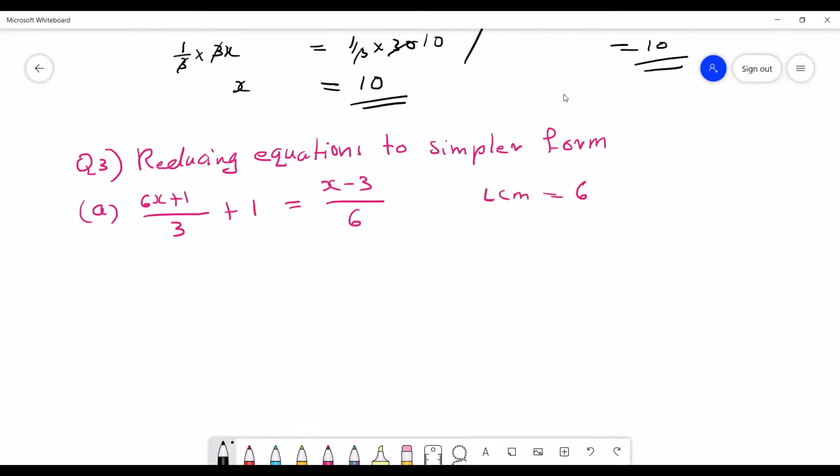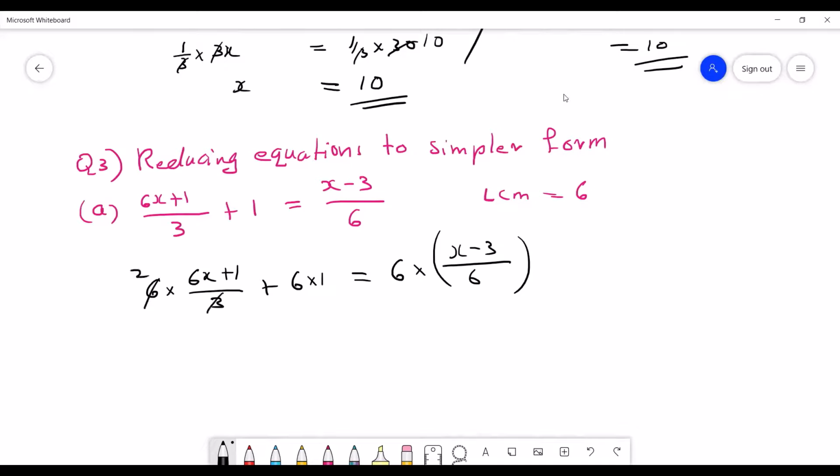Then let us multiply throughout with 6. So this will become 6 into 6x plus 1 divided by 3 plus 6 into 1 is 1 only. We will write the whole thing. Now 6 into x minus 3 divided by 6. So here 6 and 3 will go here in 2 times, and here 6 and 6 will get cancelled.